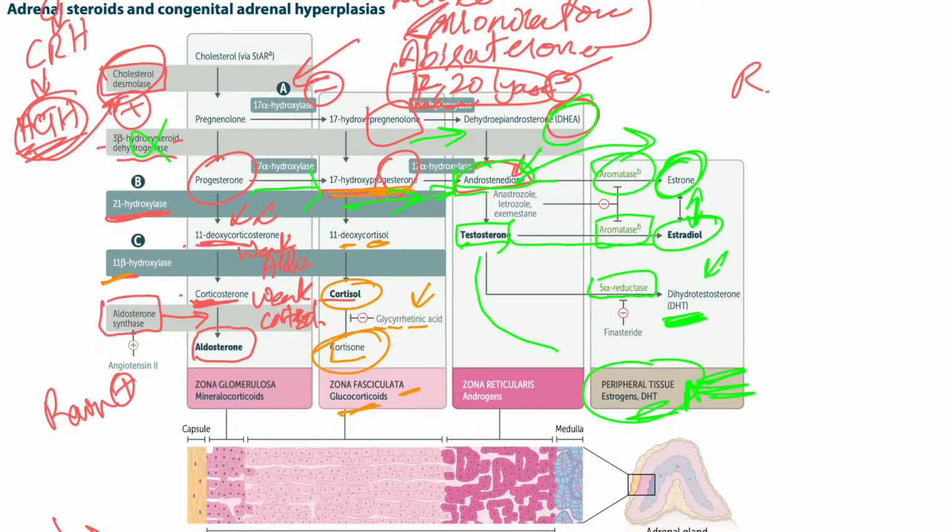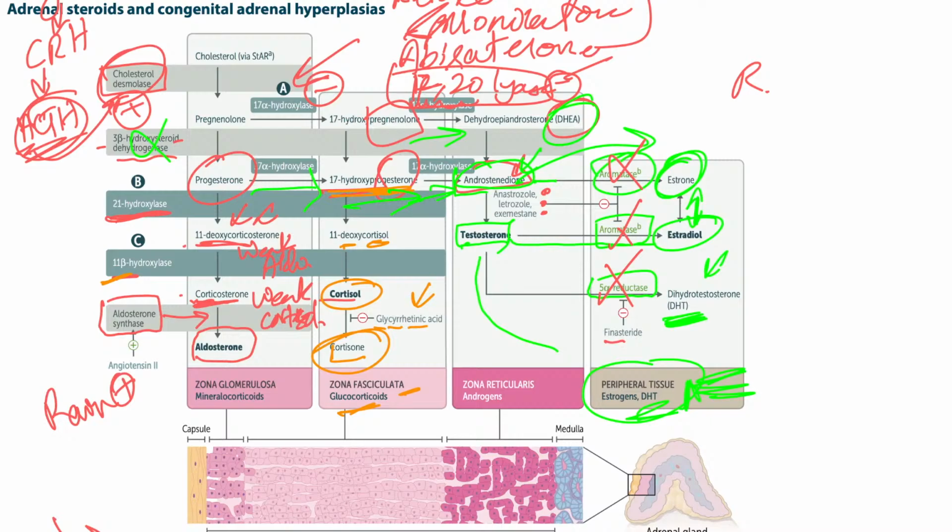Now, you could inhibit the enzyme aromatase by drugs, for example, anastrozole, letrozole, exemestane, okay? And you could inhibit 5-alpha reductase by finasteride.